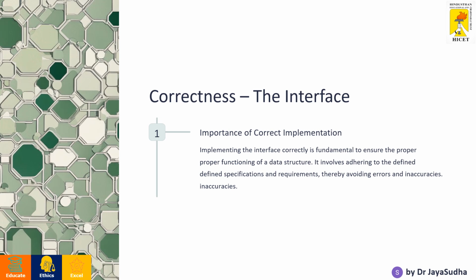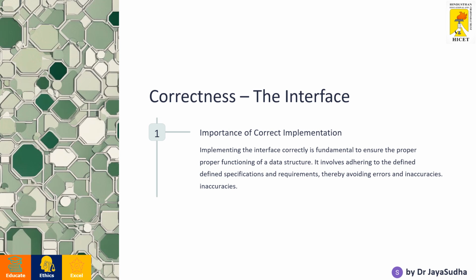The correctness of a data structure refers to its ability to store and manipulate data accurately according to the specified requirements or operations. A correct data structure should perform operations such as insertion, deletion, and retrieval without introducing errors or unexpected behaviors.